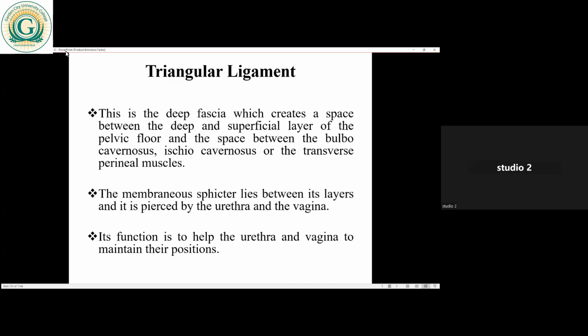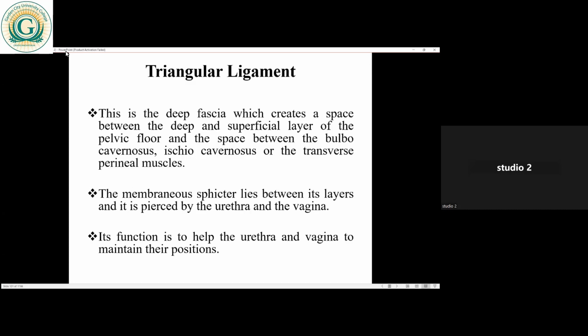Its function, the function of this triangular ligament, remember I told you all these muscles we are talking about, when you go back to it, look at the muscle or the structure and where it's coming from and where it's ending and its function. The function of this is to help the urethra and vagina maintain their position. So the muscles are very, very important.